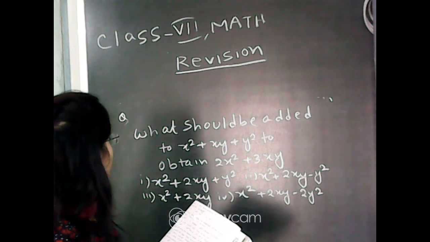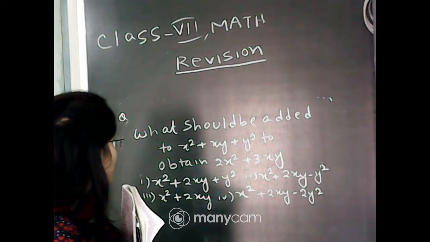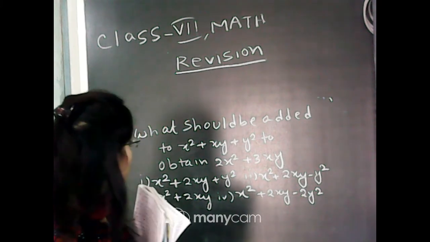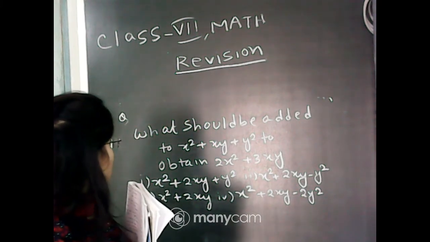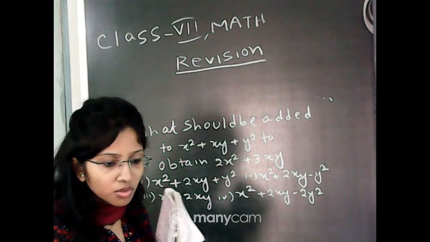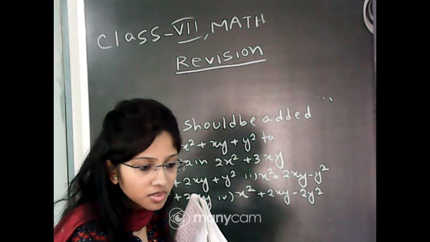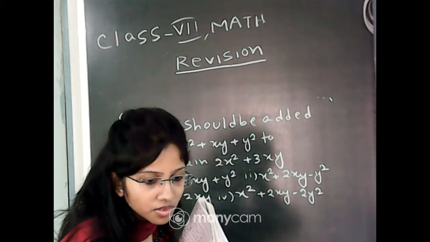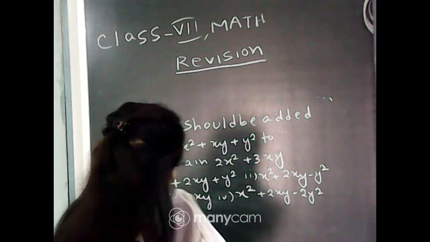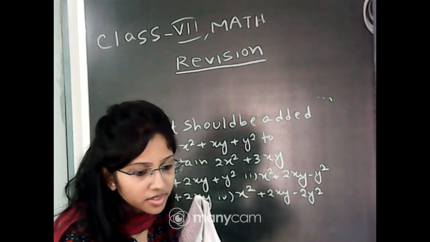What should be added to x square plus xy plus y square to obtain 2x square plus 3xy? Option 1, option 2, option 3 or option 4? What's the correct answer? Check, not option 1.